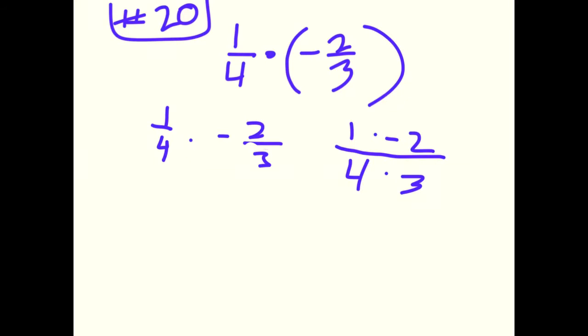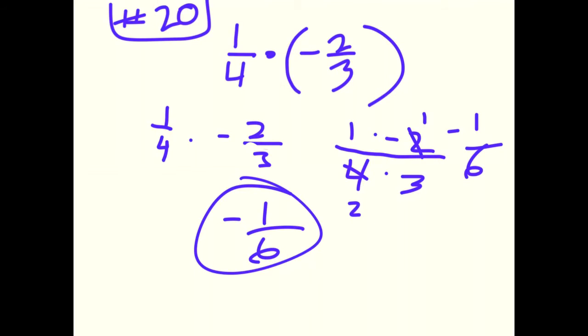First, see if you can cancel out anything. So 2 goes into 2 one time, and 2 goes into 4 2 times. Then 1 times 1 is 1, 2 times 3 is 6, and then you have a negative sign, so you have to put that in. And then you just write it out as negative 1/6. That's your answer.